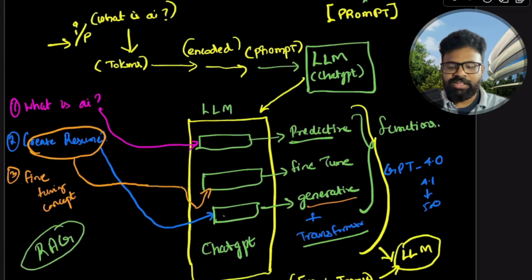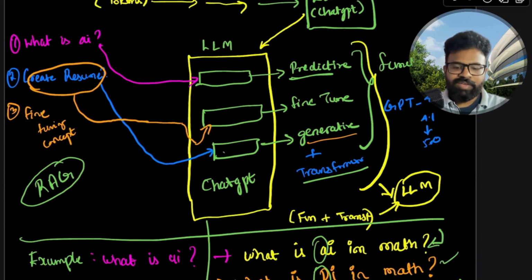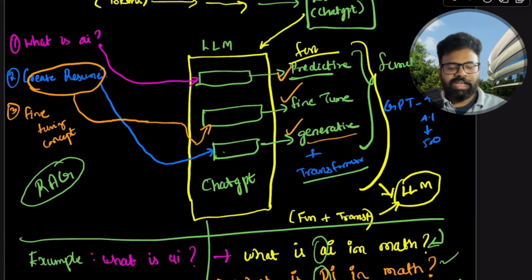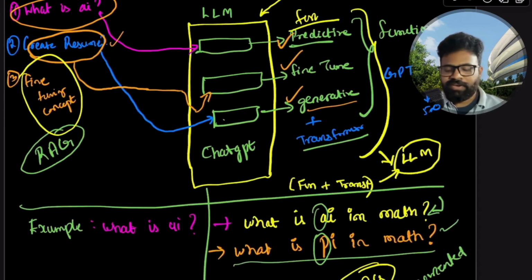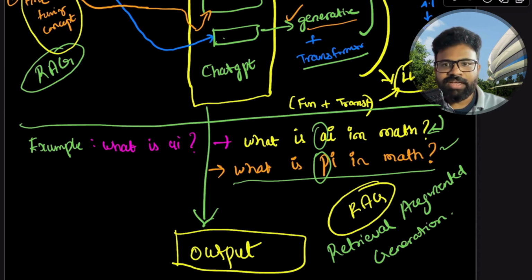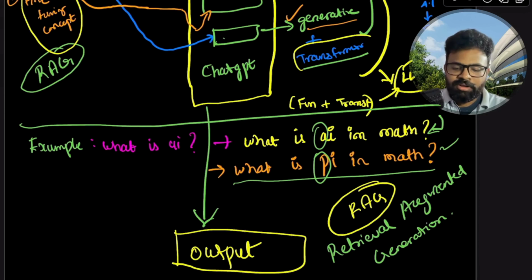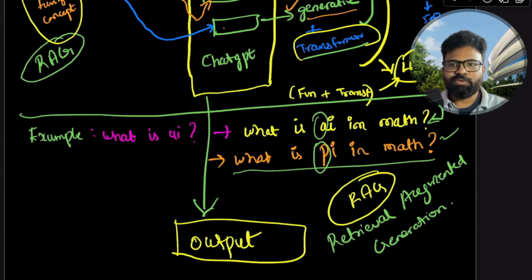Inside the ChatGPT LLM, we have different functions: predictive, fine tune, generative, and we saw examples of each. Then we saw an example use case of the transformer, how it provides that functionality for the LLM to work effectively, and how we get the output. And we also saw the last part, RAG, which we'll be covering in the upcoming class.